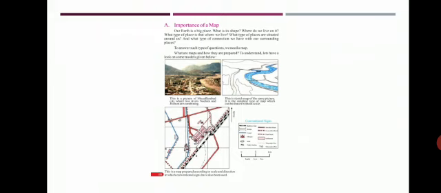Maps are made to know the exact features of a place that we haven't even visited before, and also we can calculate the distances between two or more places. Now I want to explain something to you.